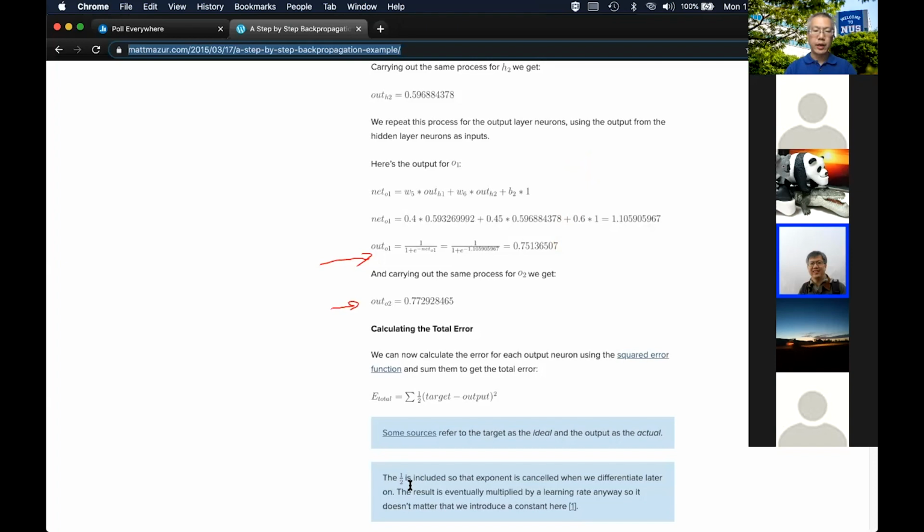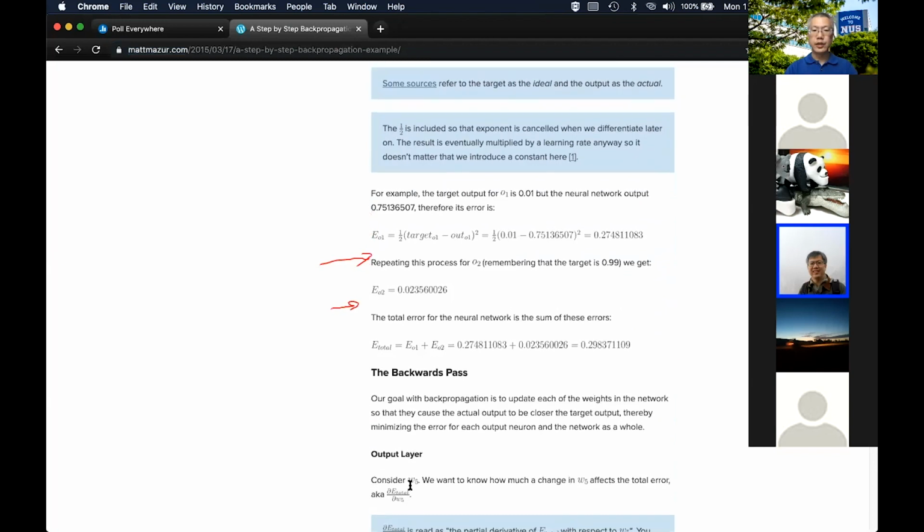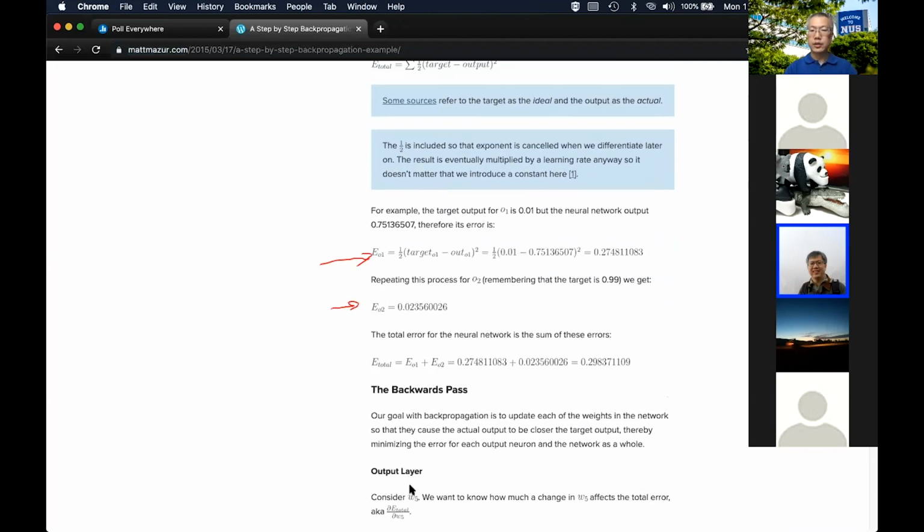Now I'm going to calculate the total error, using squared error for both of these. Here I have the actual target. Let's say the target for O1 is 0.01, and the other one is supposed to be 0.99.